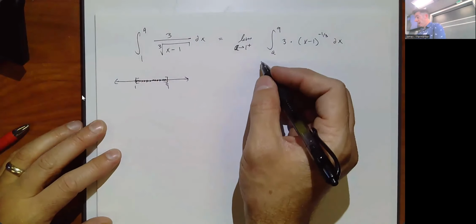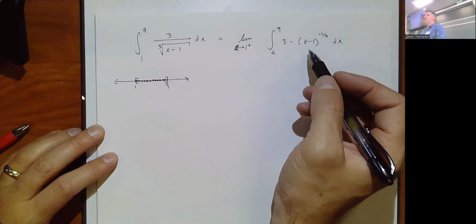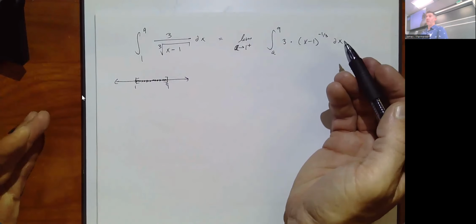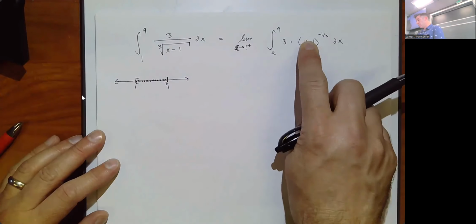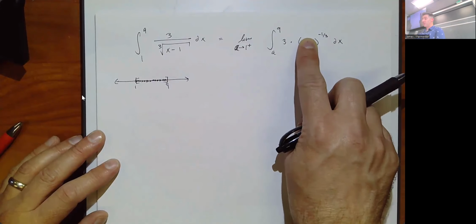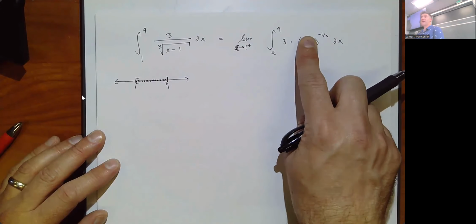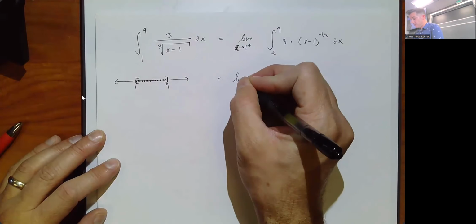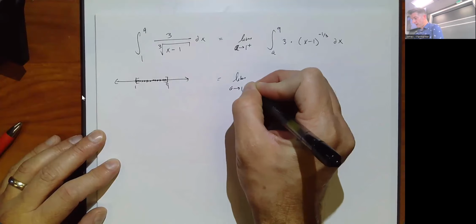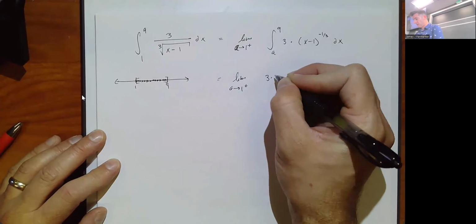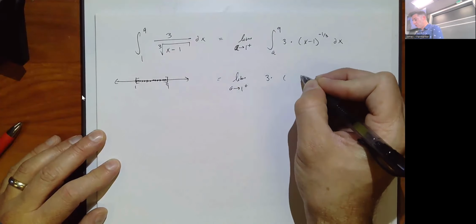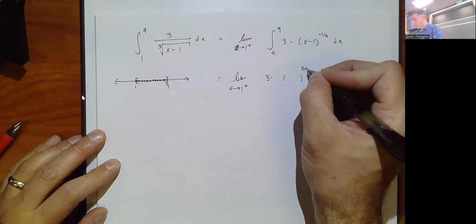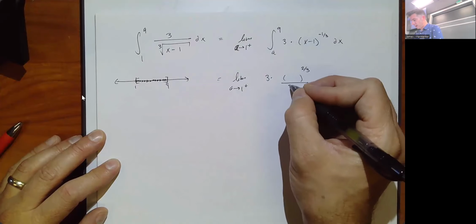So then we could do a u sub here, but it's such a small one. U equals x minus 1. I feel like we don't need to write it out. You're really just going to get u equals x minus 1, and du is going to equal dx. And the integral of u to the negative 1/3 is just reverse power rule. So we're going to get the limit as a approaches 1 from the right of 3 times u to the negative 1/3 plus 1 divided by the same new power.